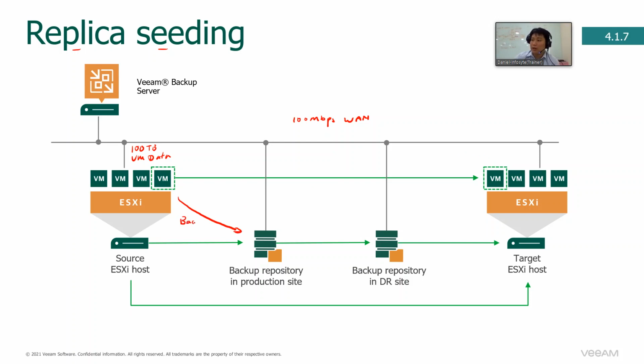Now, if I plan to have an additional backup copy, then I can utilize this replica seeding. After I back up the data, you will see that my virtual machine comes with the VBK file. Now this VBK file, maybe after your data reduction, can go down to like half of the size, for example. Now from here, I will perform the backup copy job.